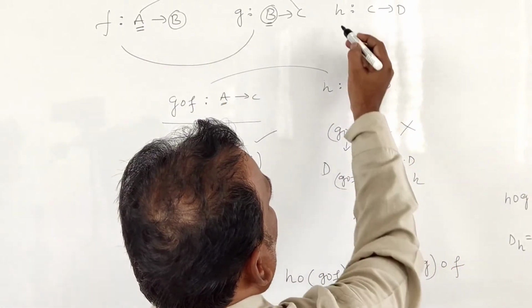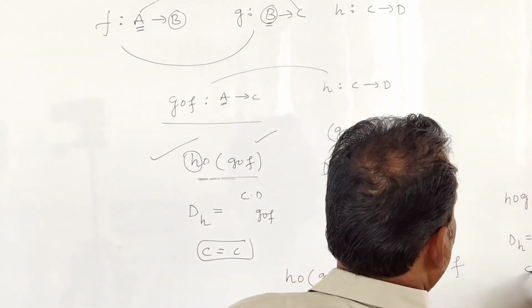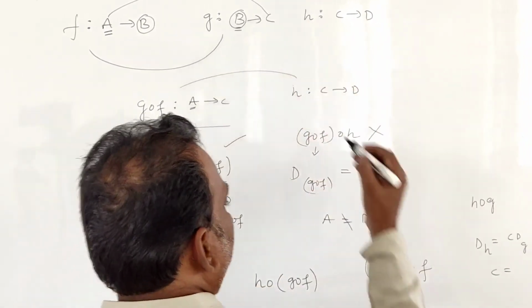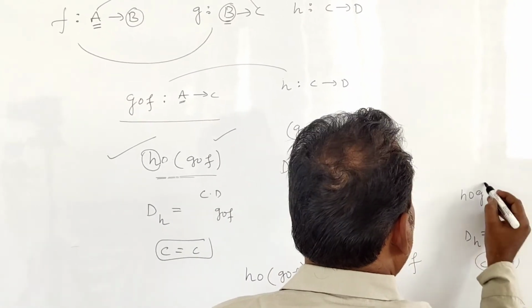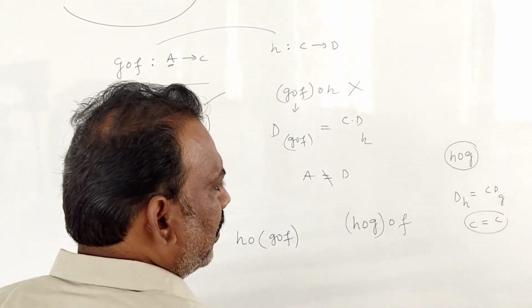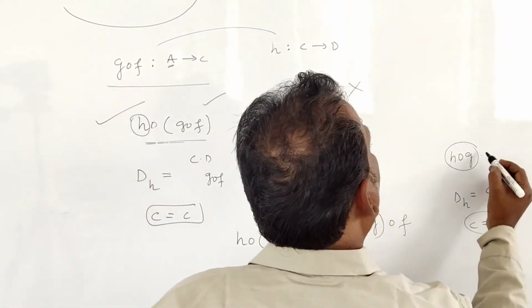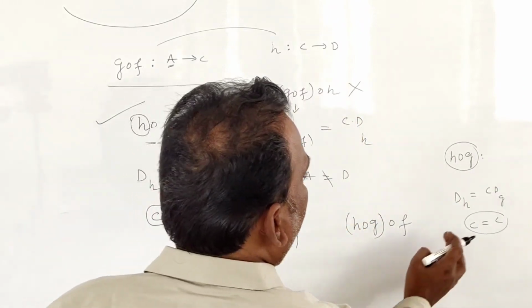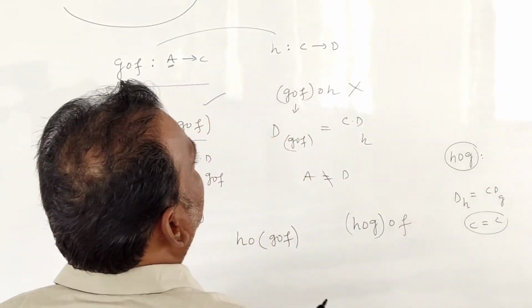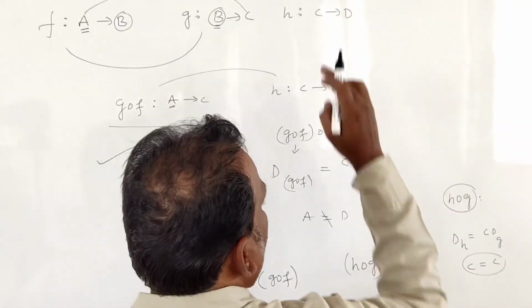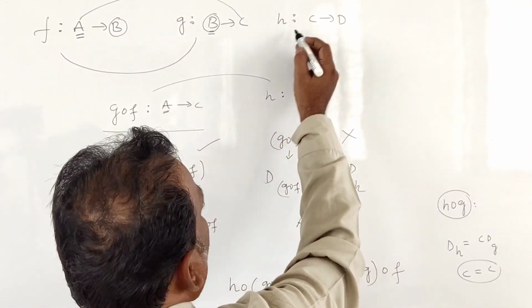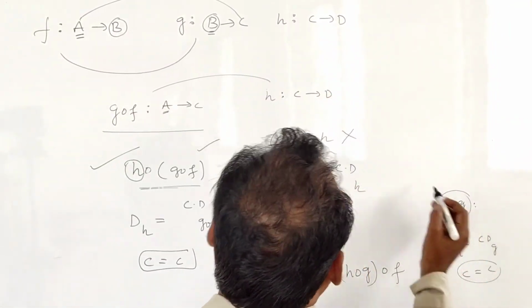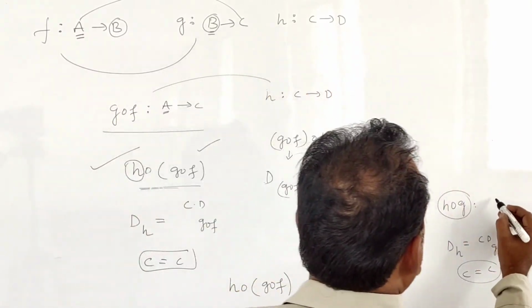See here, domain of H is C. Codomain of G is C. Yes, H circle G exists. Now H circle G exists from where to where? C and C are equal, students, so we have from B to D. Correct or not? So H circle G exists from B to D.